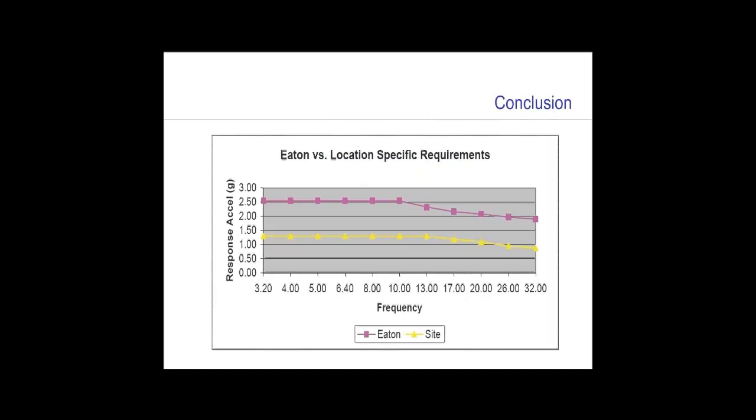The manufacturer's TRS, as indicated by the top line in this graph, must be equal to or greater than the Site-Specific Demand Requirements, or RRS, as indicated by the lower line in the graph. The higher line must be greater than the lower line for the equipment to be seismic qualified for this project.